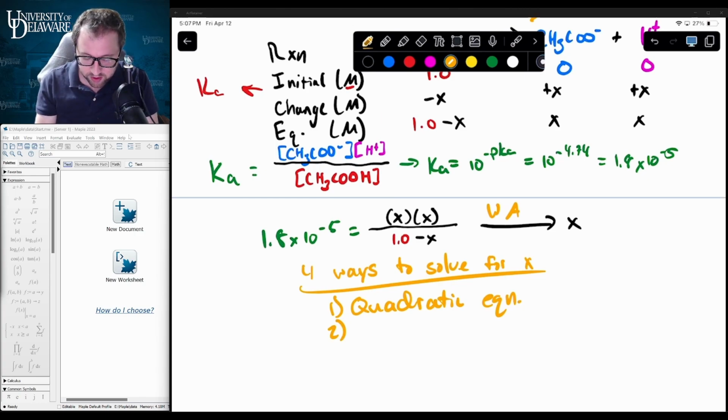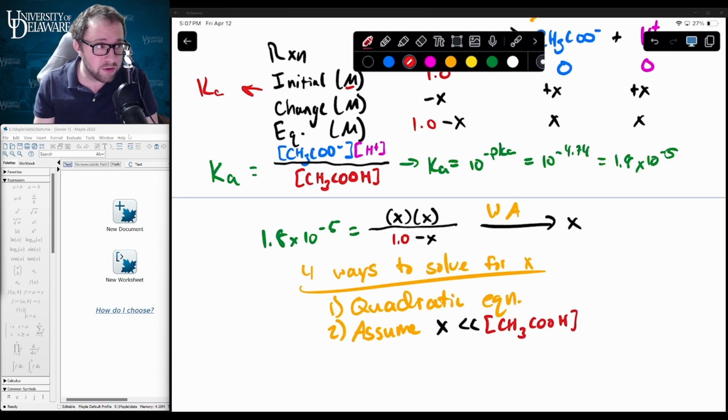We could test an assumption about X and assume that X is much, much less than CH3COOH. If that's true, then CH3COOH minus X is roughly equal to CH3COOH. Vinegar, this quantity would still be equal to 1 in that case.